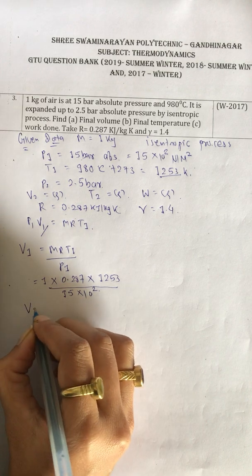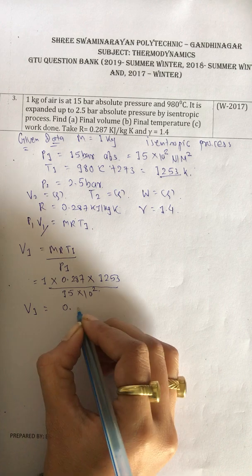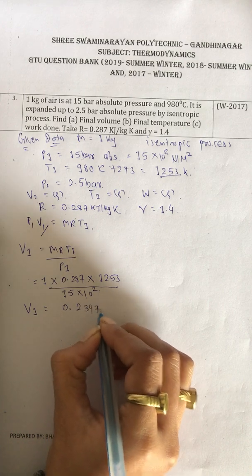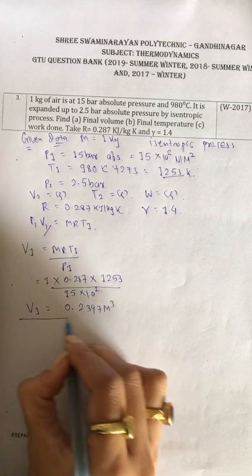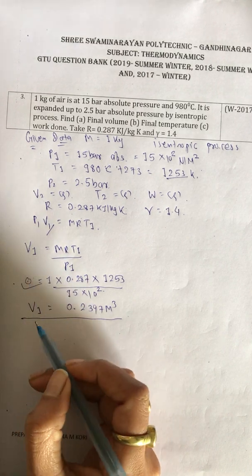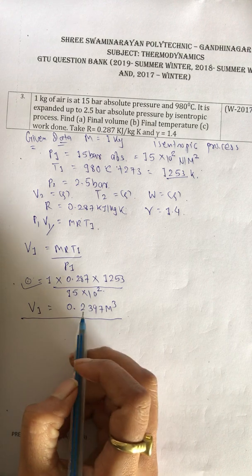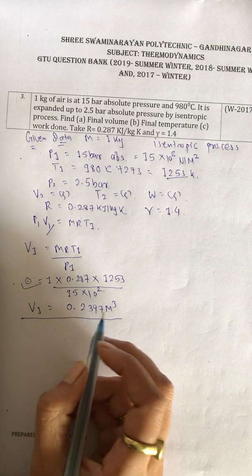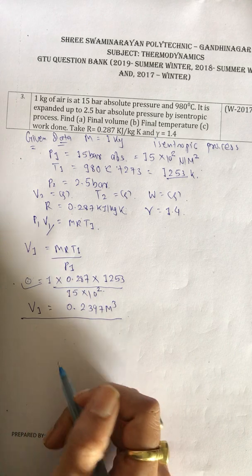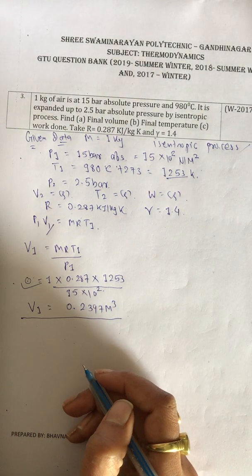We can find the value of V1, that is 0.2397 meter cube. Just solve this in the calculator and you will find V1 is 0.2397 meter cube.